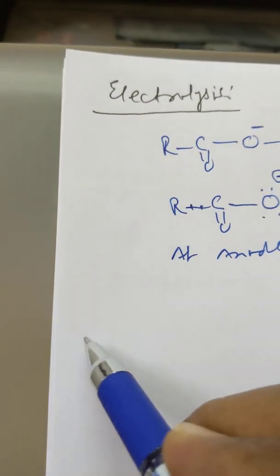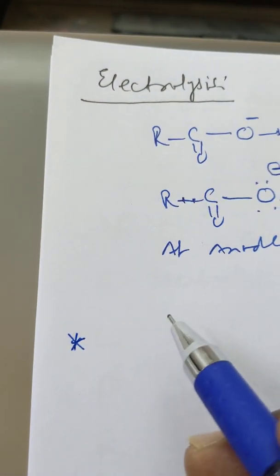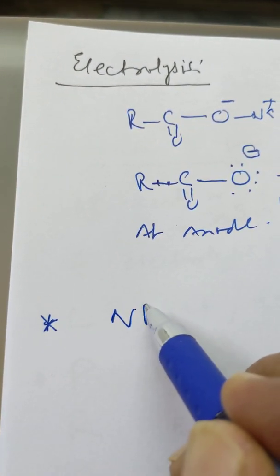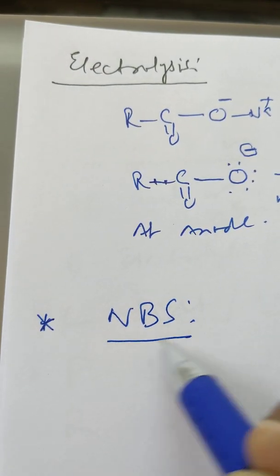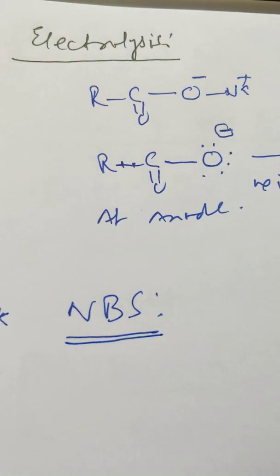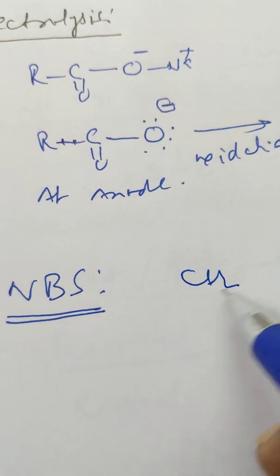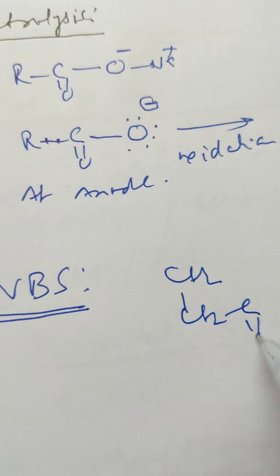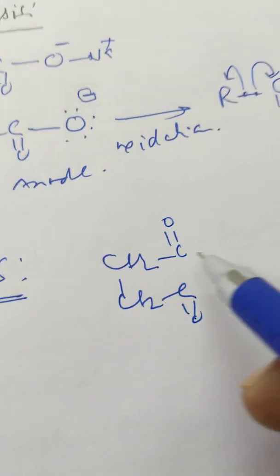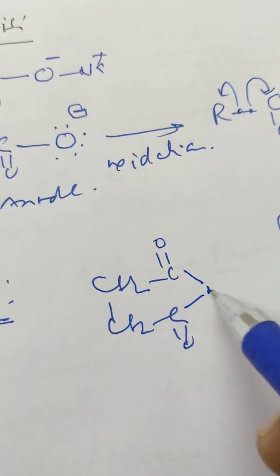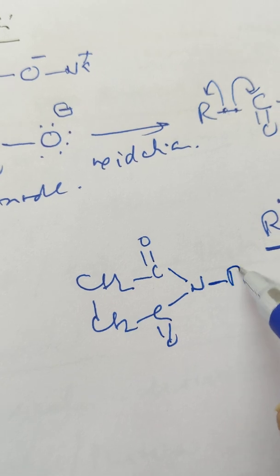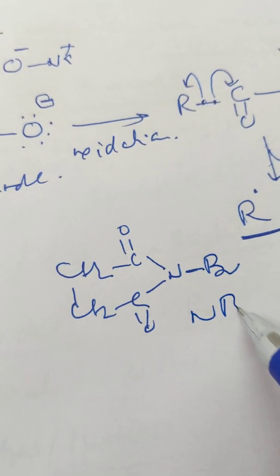Similarly, see, one more very good source of free radicals is N-bromosuccinimide. I hope all of you remember N-bromosuccinimide. Now, N-bromosuccinimide is this. This is succinic acid. Succinimide, with H replaced by Br. This is NBS.